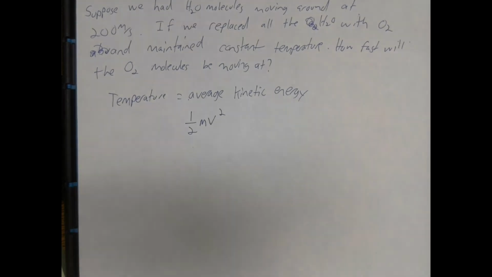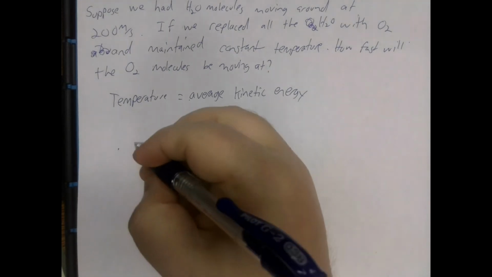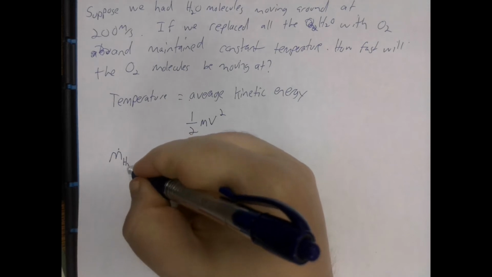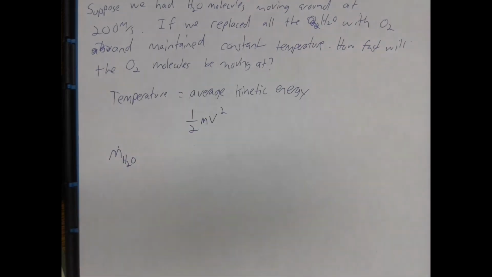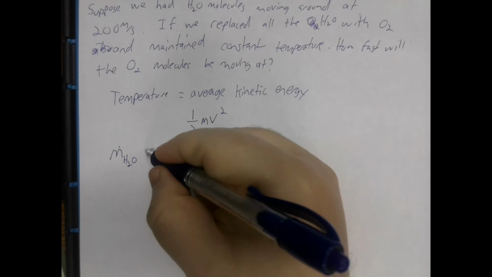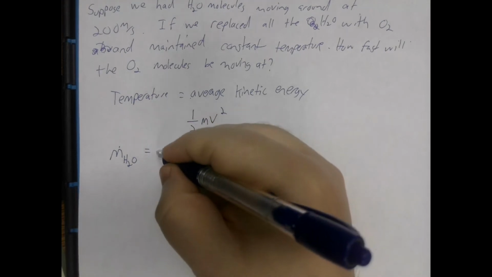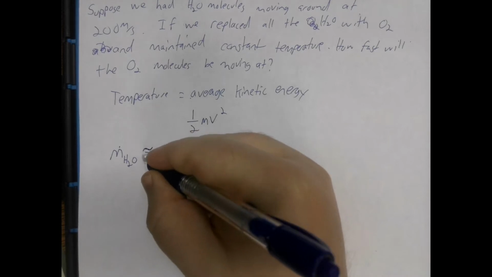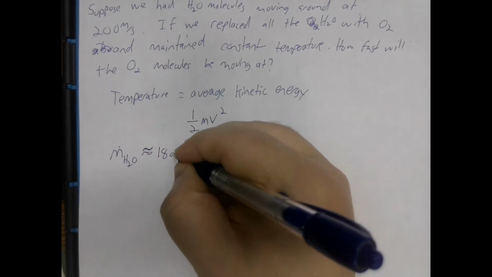So what is the mass of an H2O molecule? Using the periodic table, it's approximately equal to 18 AMUs.